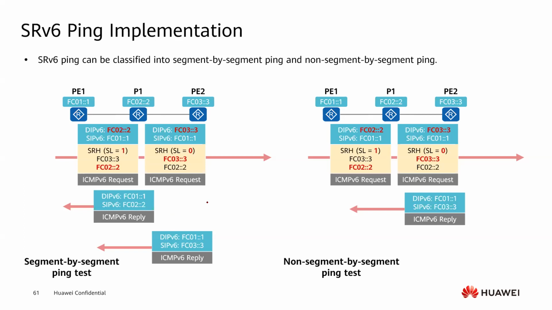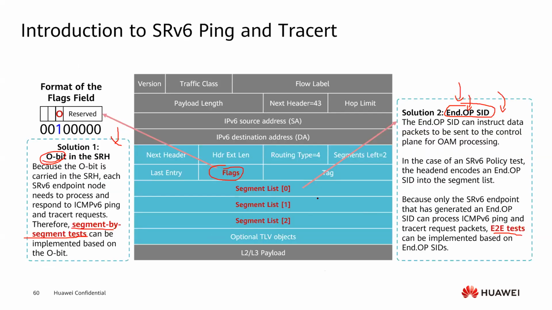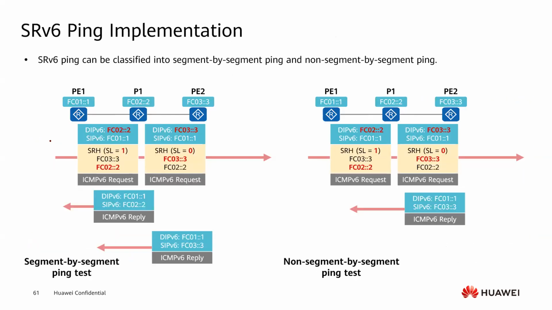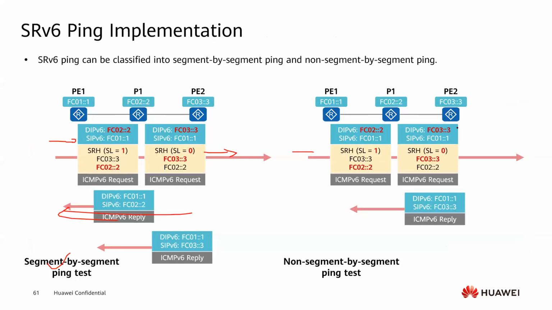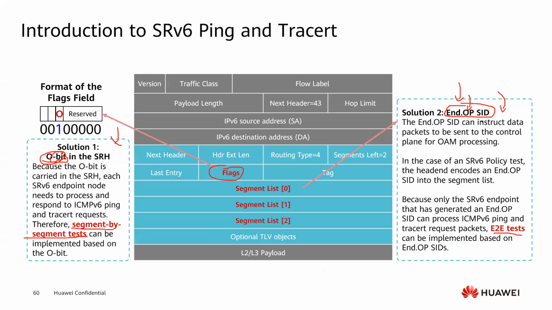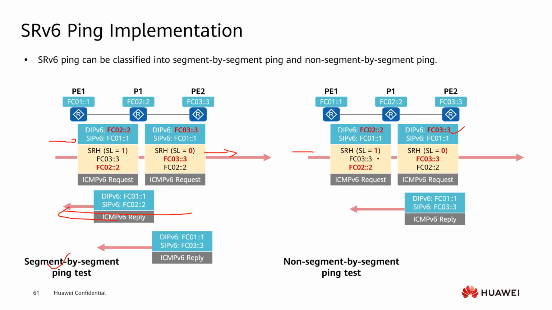We can ping the OP and OP to do the ping, just sending a packet request and sending it back. And this is a segment by segment ping, which means we are using this way, using the O bit, or we can just directly ping end-to-end, using the End.OP SID to do the ping.